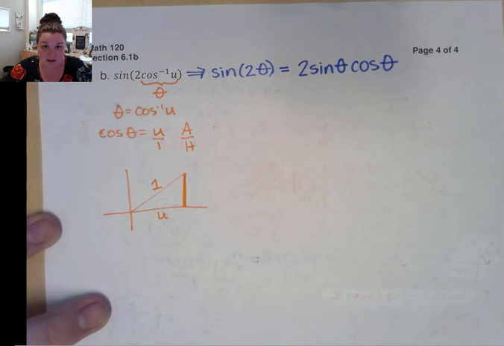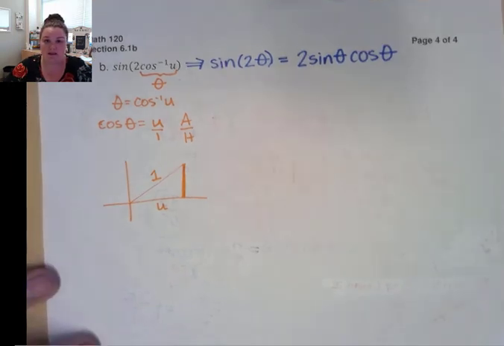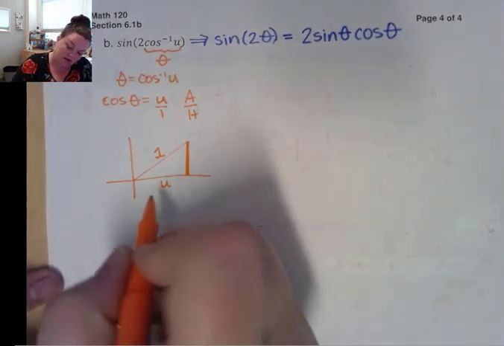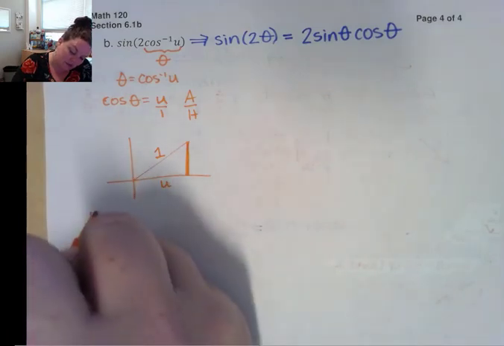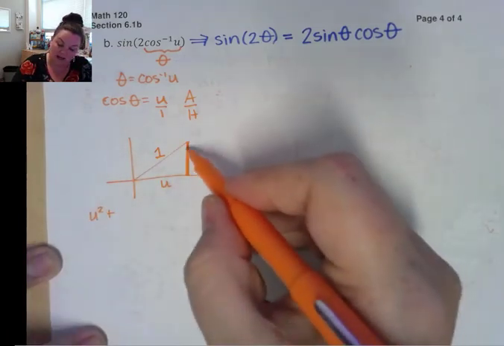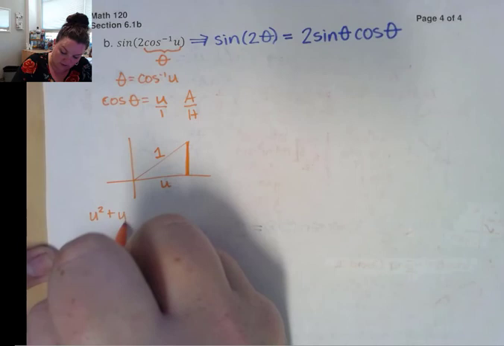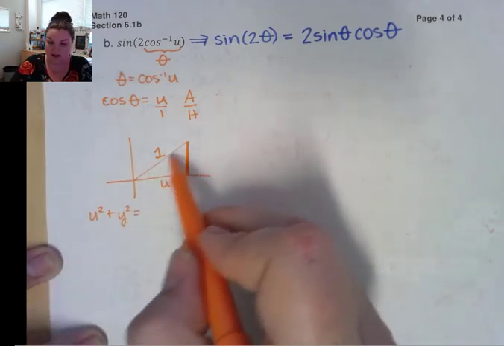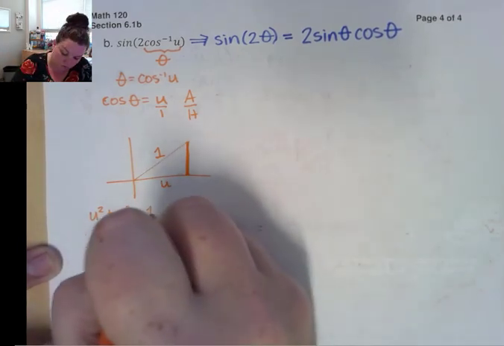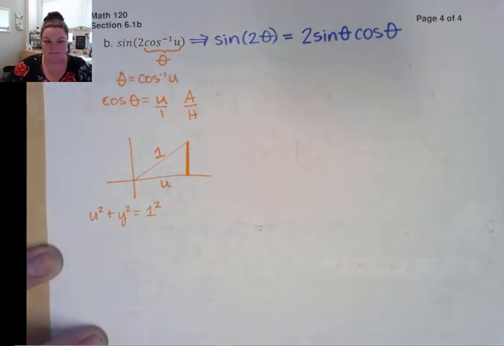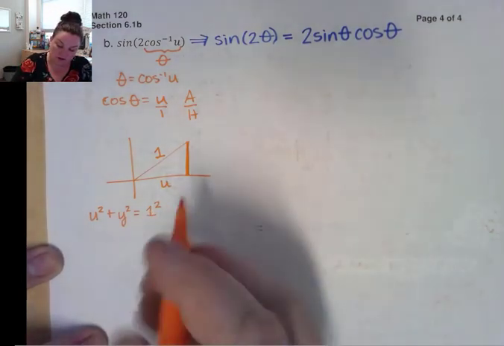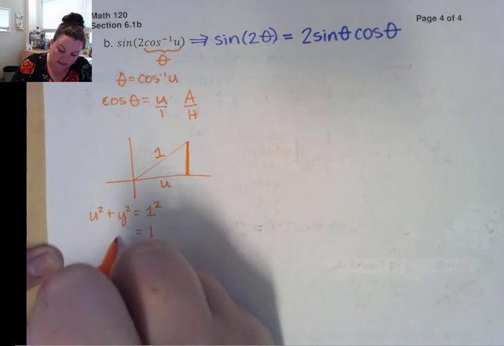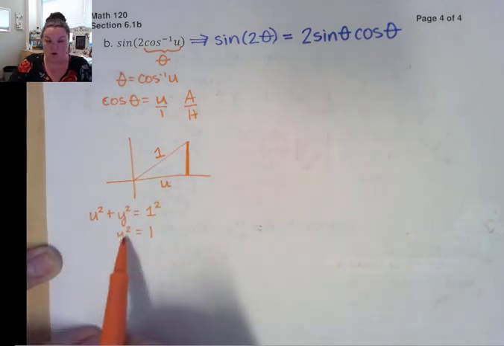What we don't know is this length. So I want to do the same thing, solve using the Pythagorean theorem. So I know that the x side, which is u squared, plus the y length, which I don't know, y squared, is equal to my hypotenuse length, which is 1 squared. So 1 squared, I can simplify that to 1. And remember, I'm solving for y squared.